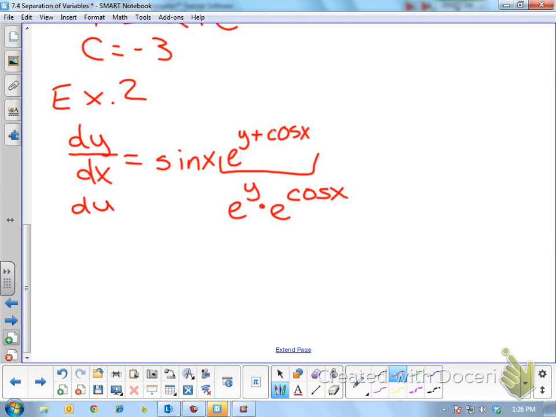So once we do that step, now it's all back to normal business. We just want to get all the y's on the left, including dy, all the x's on the right, including dx. So we know dx has to multiply over. What on the right side is going to have to move?